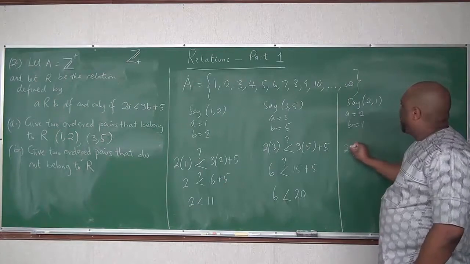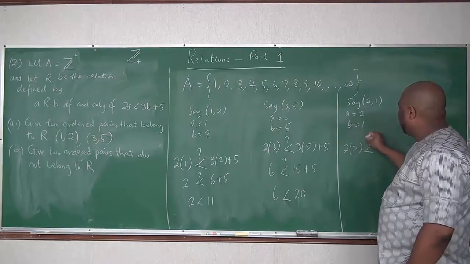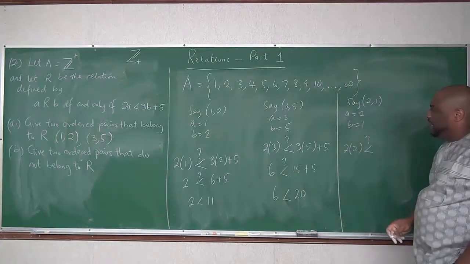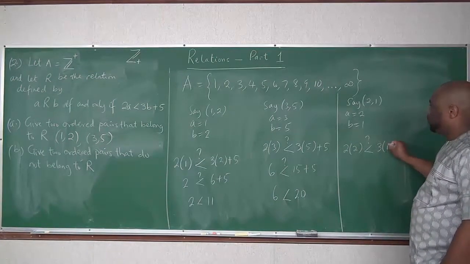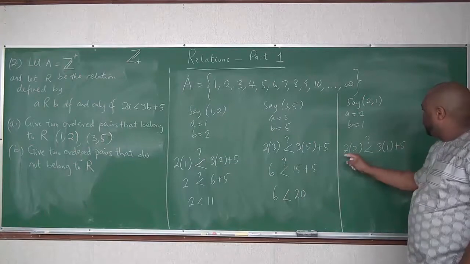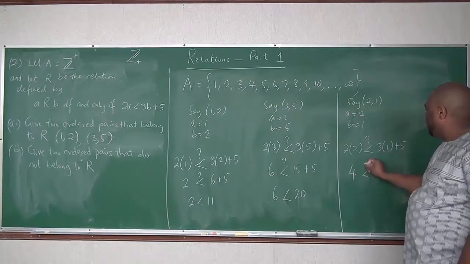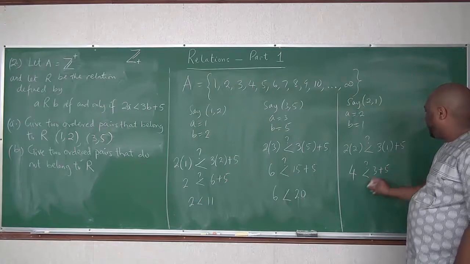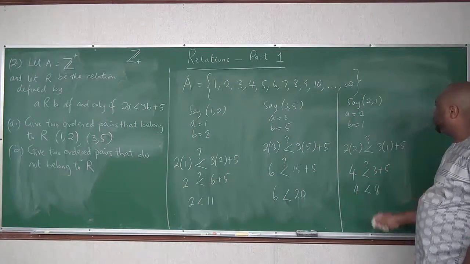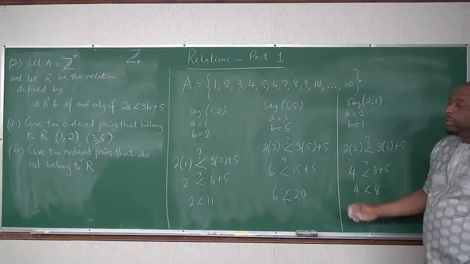So 2 times 2, is it less than 3 times 1 plus 5? So 2 times 2 is 4. Is 4 less than 3 plus 5? Yeah, 4 is less than 8. So this works. Okay, this one works.